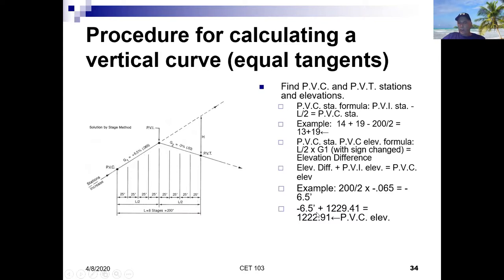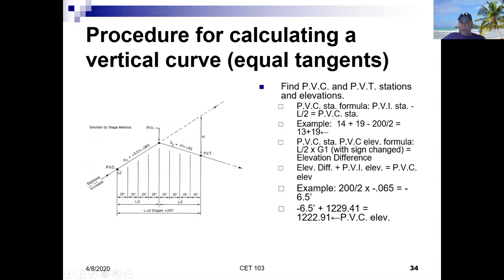So we would get the elevation of the PVC to be 1,229.41 minus 6.5. Therefore, the elevation of the PVC would be 1,222.91. So that is the elevation of our grade of where our curve is beginning. This is the elevation of our PVI.